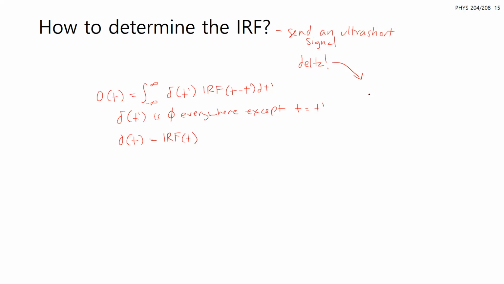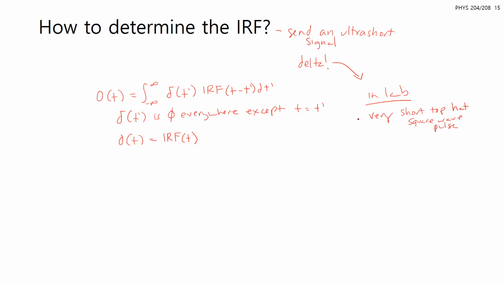So we can't ideally produce a delta function in the lab. In the lab, some ideals are a very short top hat or square wave pulse. And if that square wave pulse is shorter than your instrument response function in the time domain, then it can be approximated as a delta function.